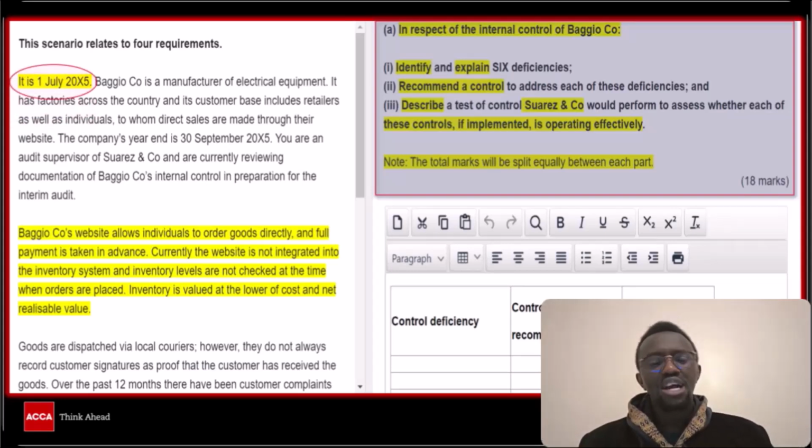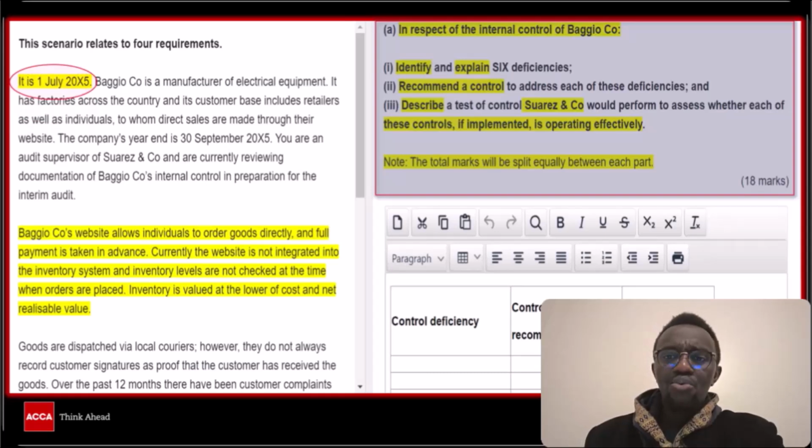My goodness. Now, why do I highlight that? What does that mean? 1st of July. Now, all questions, please note this, follow a dating convention whereby the current date is set at 1st of July 2025. So you'll find so many papers in audit having this date. Now, this information will be stated in the question where relevant.